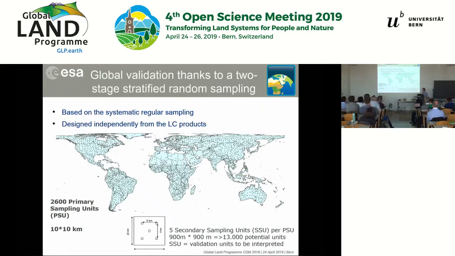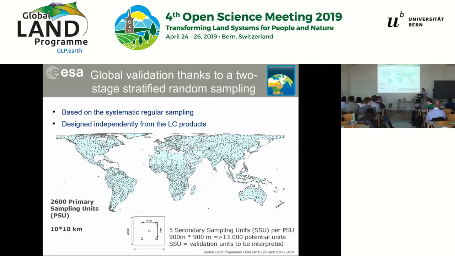And the maps are validated using a global stratified random sampling that had been built earlier in the first phases of the CCI Land Cover. For the moment, we have assessed 2016, and it's 71% accuracy at the global scale. But there was a question about the change accuracy assessment, and because this sampling was built before, we only have 6% of the sampling units falling on change.